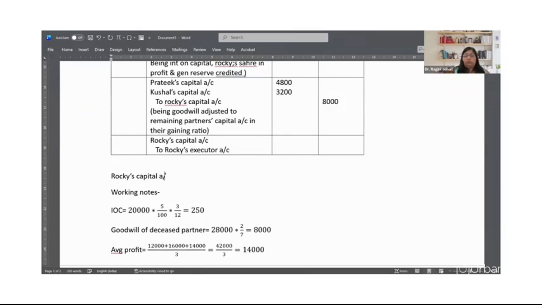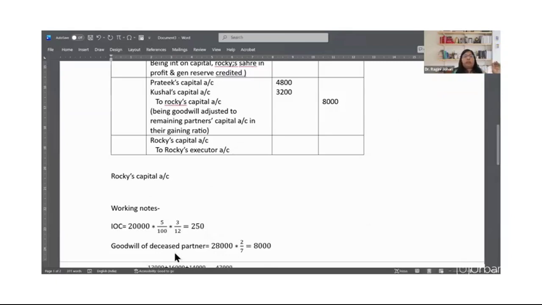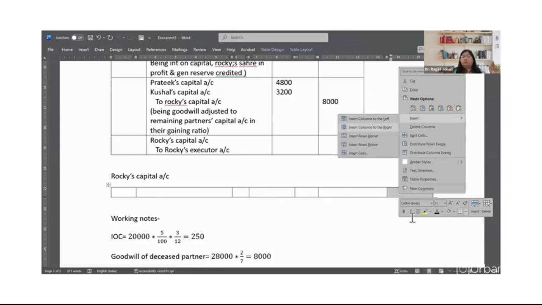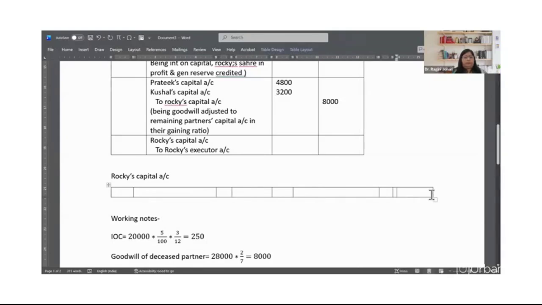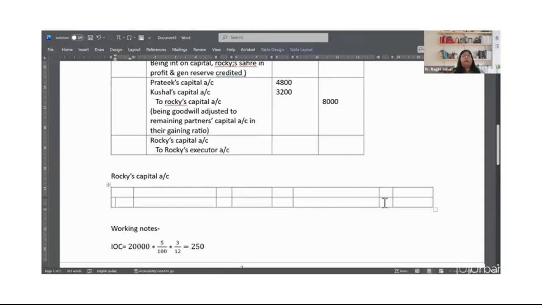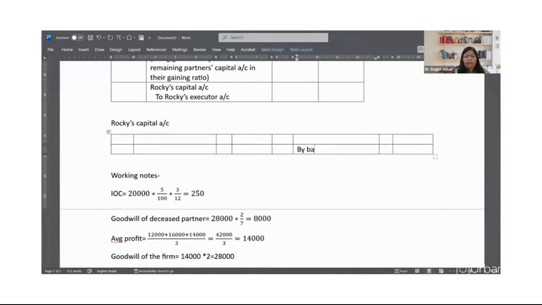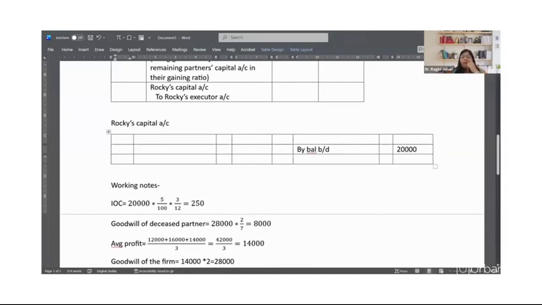Okay, so now let's make Rocky's capital account. The first thing to be entered is his capital, right? So we write by balance brought down 20,000 only.